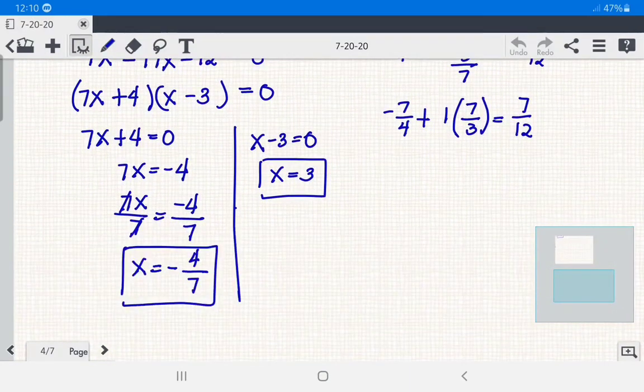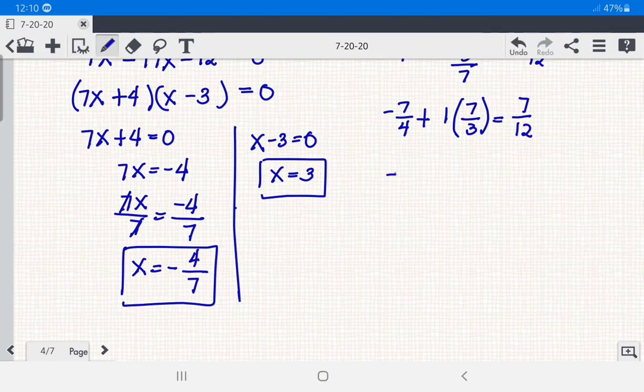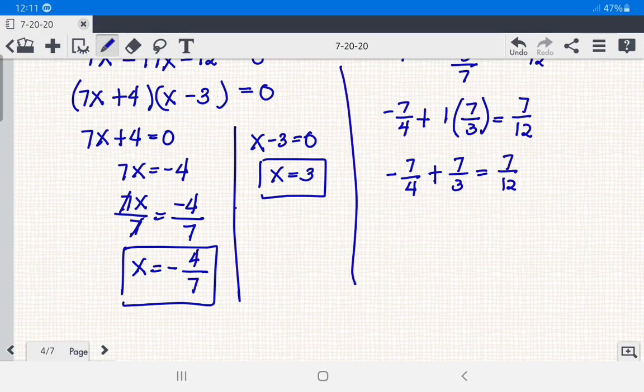The next, we have negative 7 over 4 plus 7 over 3 equals to 7 over 12. Then, we have different fractions. So, you're going to get the LCD, which is 12. 12 divided by 4, we have 3 times negative 7, negative 21. Then plus 12 divided by 3, we have 4 times 7, we have 28. Then equals to 7 over 12. Negative 21 plus 28, that is 7 over 12. Okay, so they are equal.